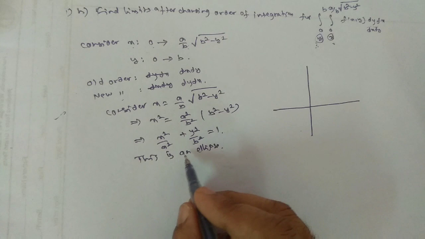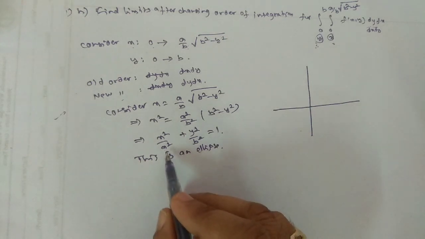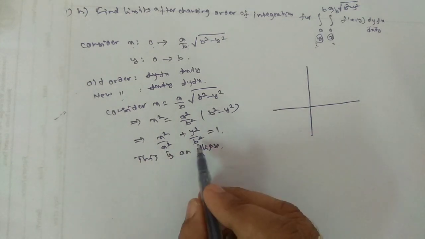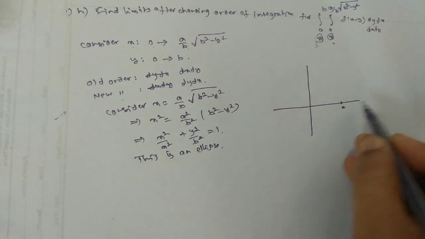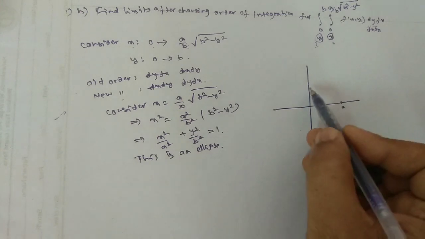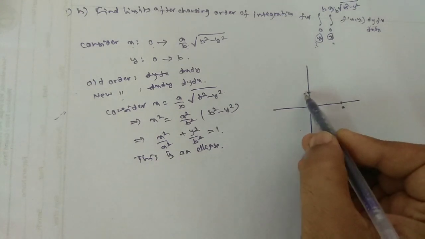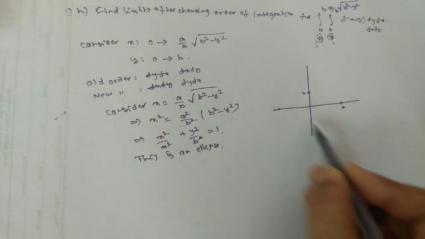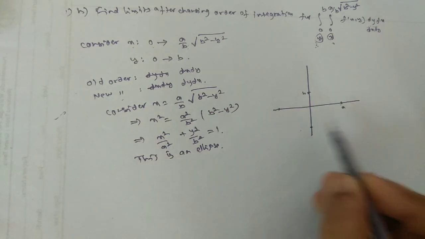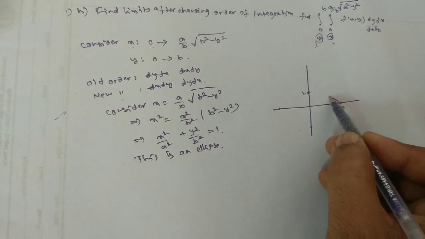So what is the meaning of ellipse? X intercept is nothing but a, y intercept is nothing but b. So I'm just supposing that here it is some a and here it is some b. At the same distance on the other side you get a point, and in the same way you get the b point. Now you just construct one ellipse.